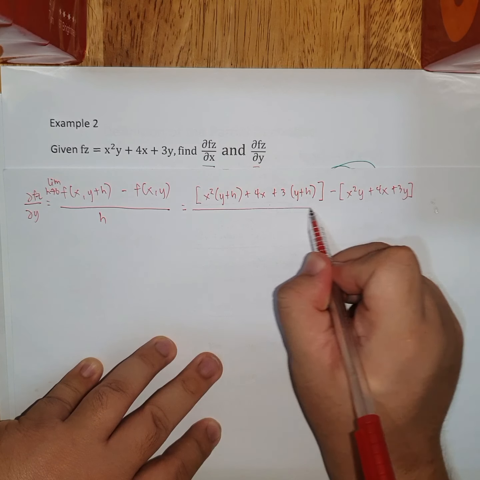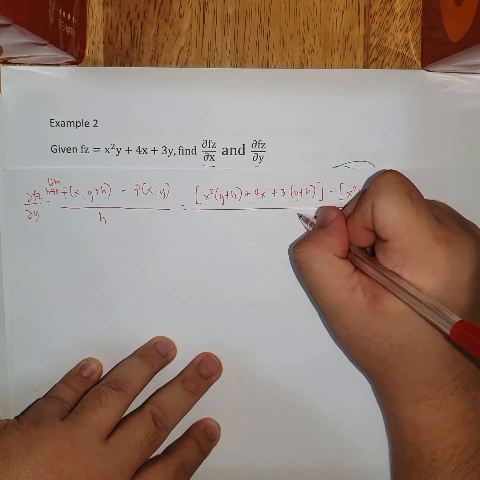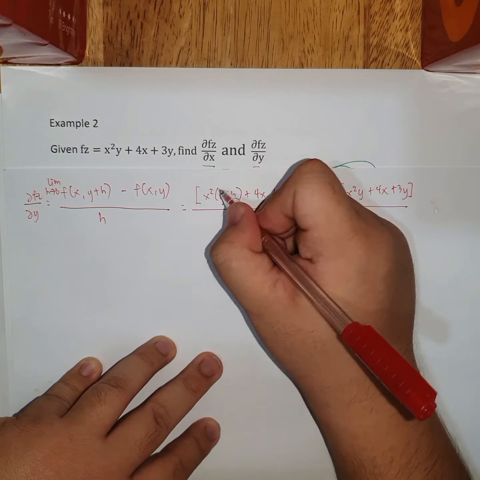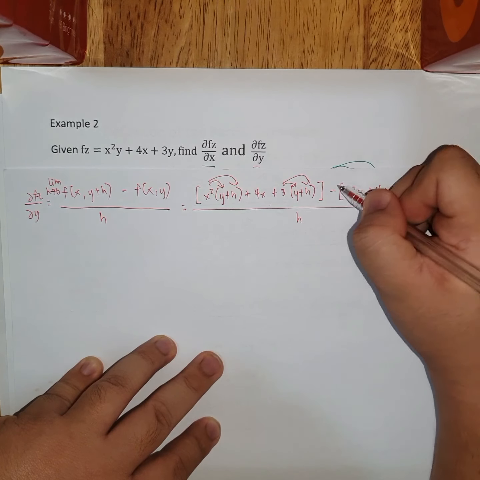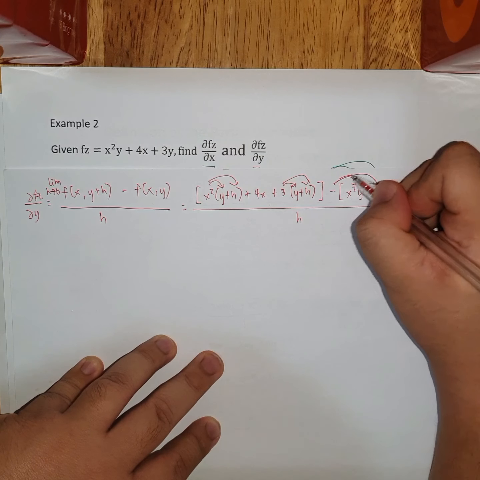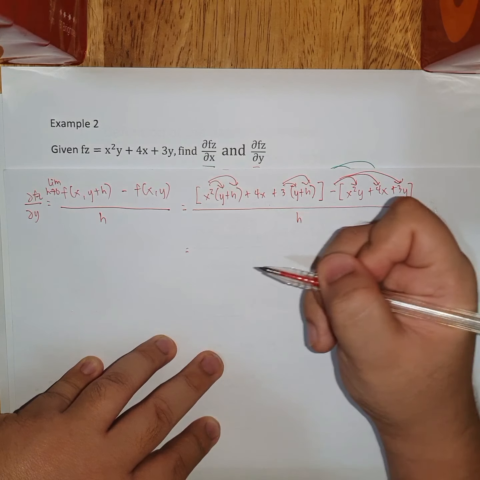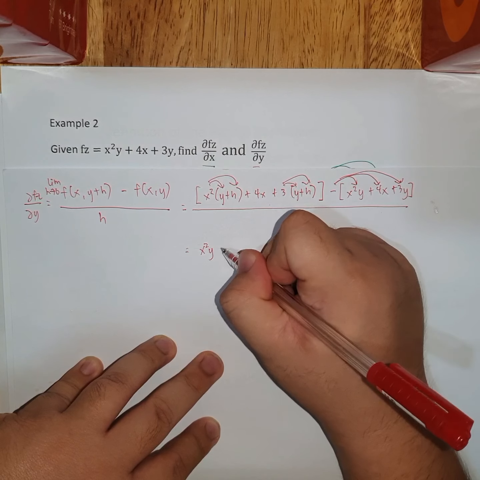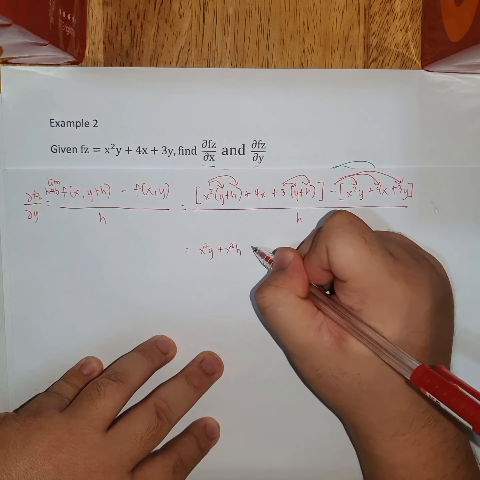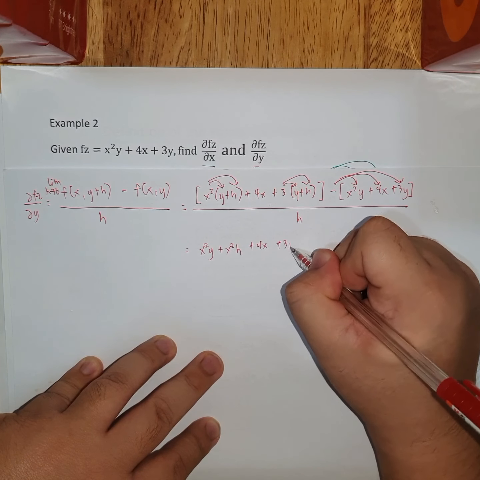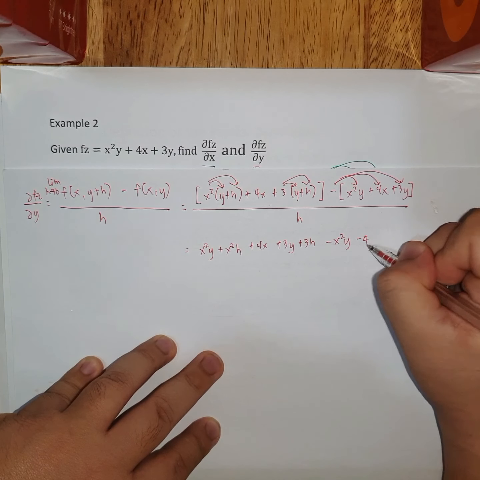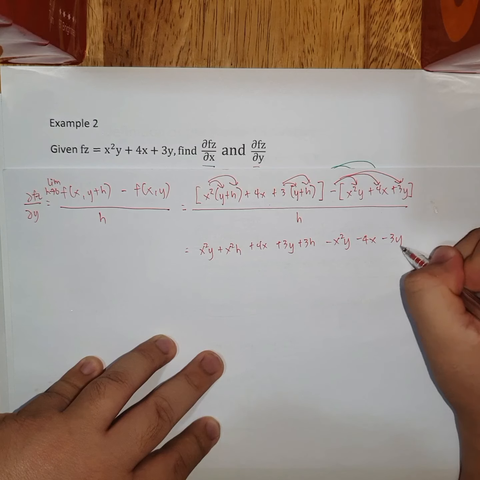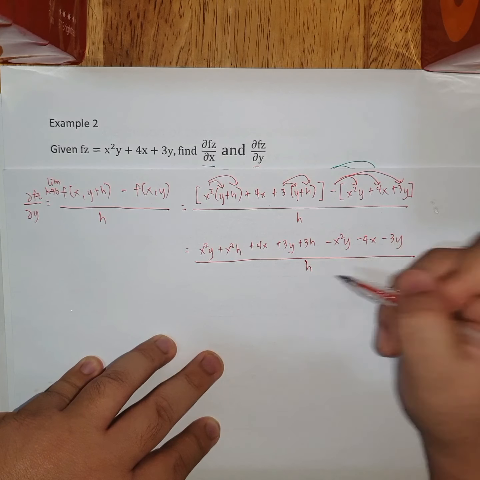Then this term, numerator natin is all over h. Okay, simplify natin to, distribute lang natin, then simplify natin yung numerator. So we have x squared y plus x squared h plus 4x plus 3y plus 3h minus x squared y minus 4x minus 3y all over h.